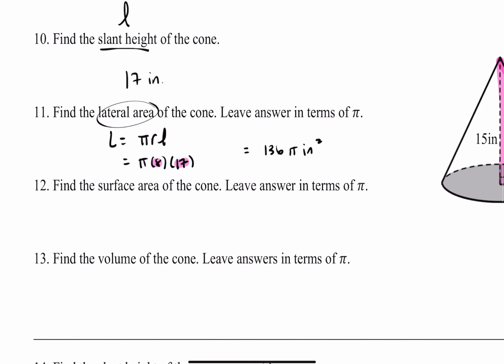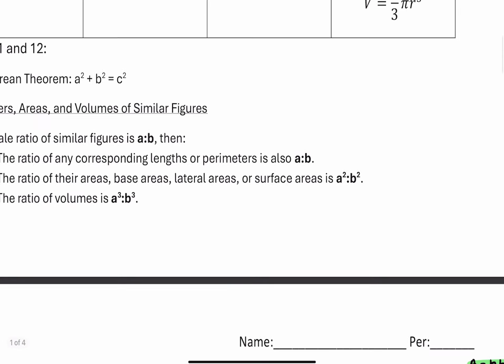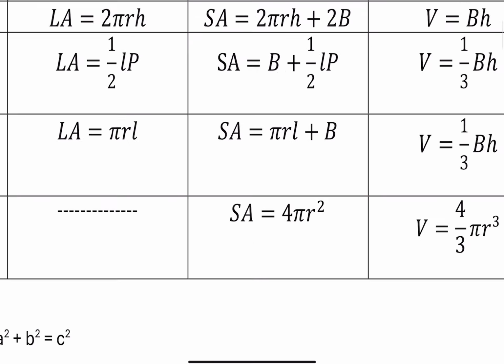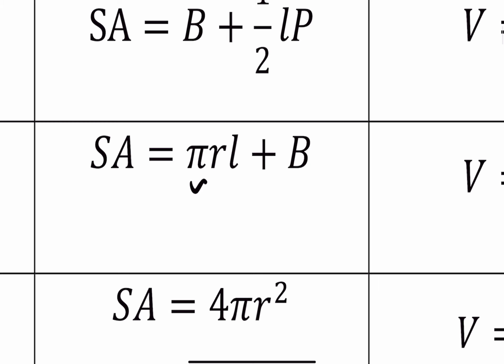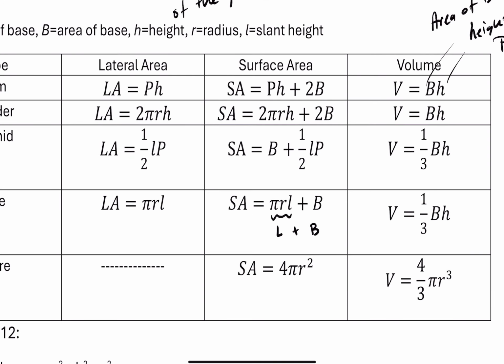And now the surface area. Let's go back. We're going to use our resources here. The surface area of a cone is pi r l, which is the lateral area, plus the area of the base. We just need to find the area of the base. We're not multiplying by 2 in this case.